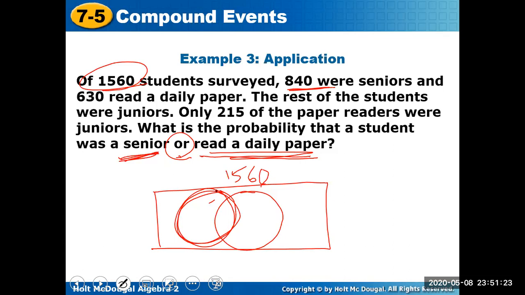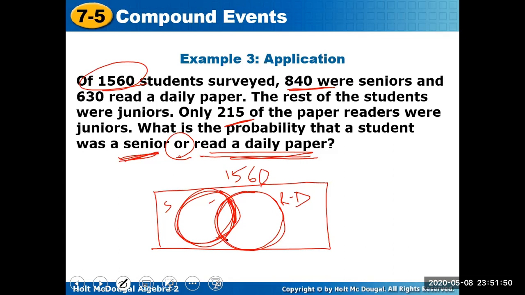Seniors and read daily paper. They said 215 of the paper readers were juniors. So read daily paper is this whole circle, but this is a common area for seniors and read daily paper.